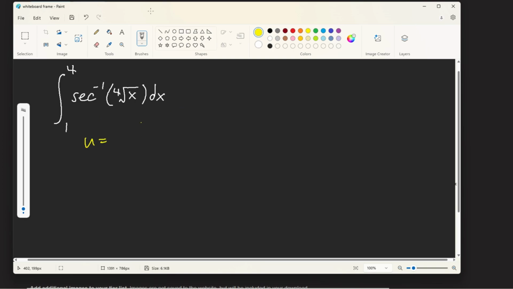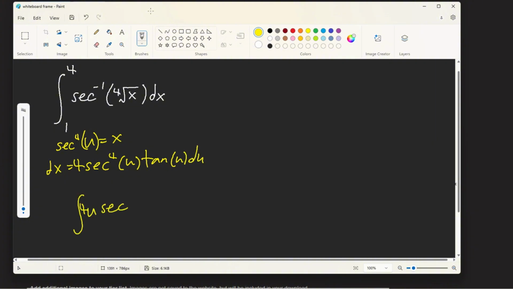Let u equal this whole thing, and I get secant 4 of u, and then you do the whole dx thing, and you have to derive this, and you get secant 4 of u tangent of u, right? And then you end up with an integral of 4u, and you have to do integration by parts. Yeah, no, we don't do that.